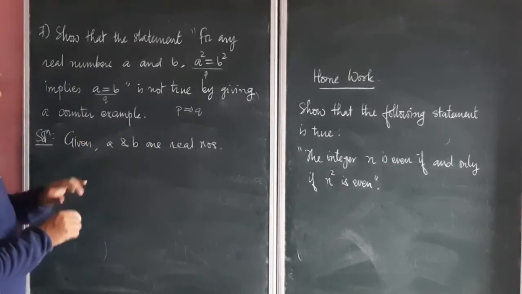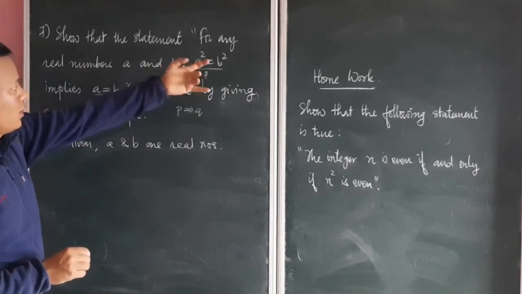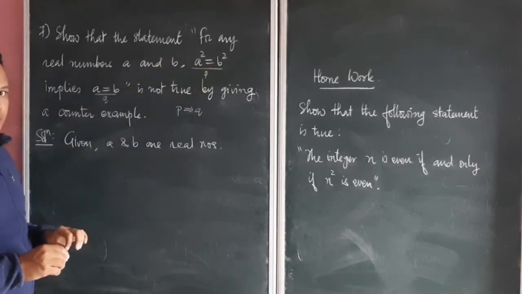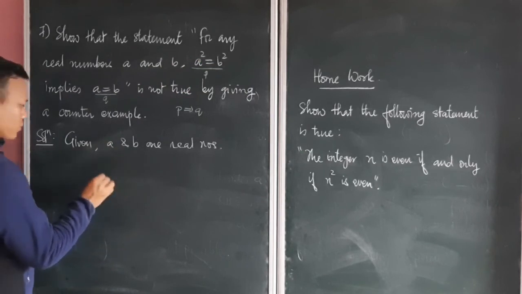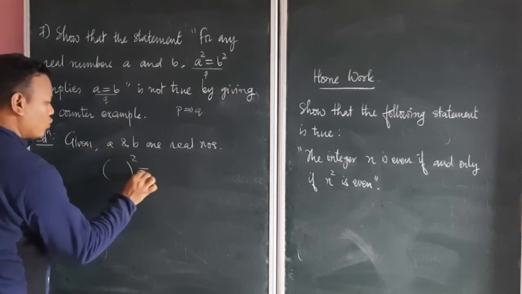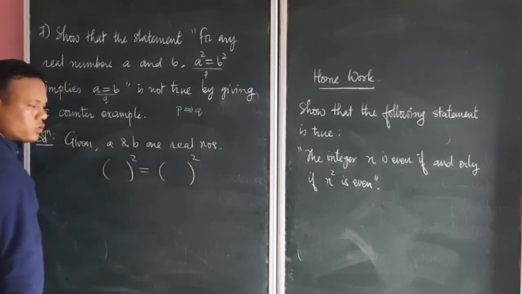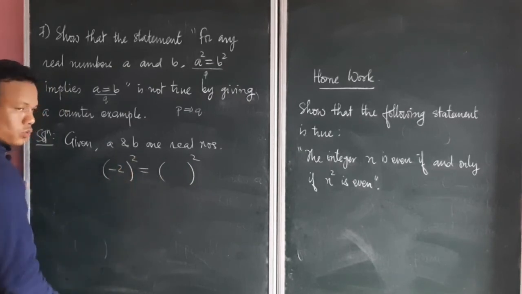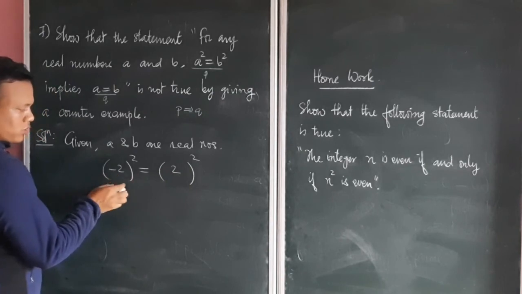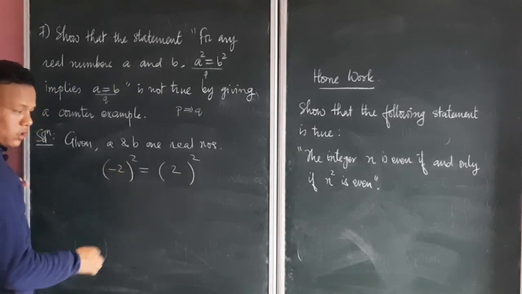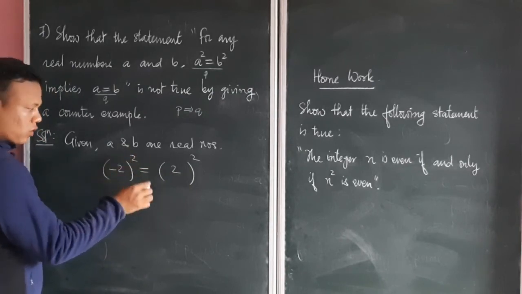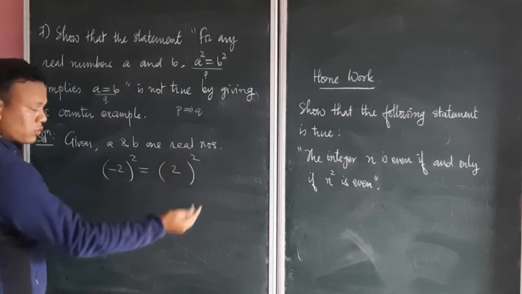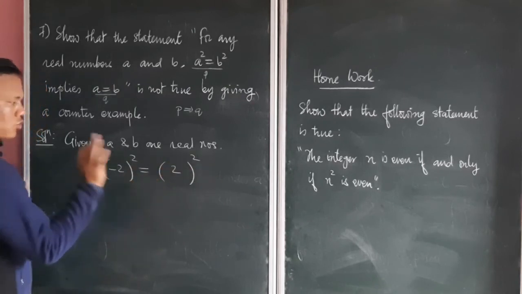All right, so we have a square equals b square. Now a square equals b square means there are two numbers whose squares are equal. For example, we know that -2 and 2. Now what is the square of -2? It is -2 square is 4, equals 2 square. 2 square is also 4, right? So this is true, right?